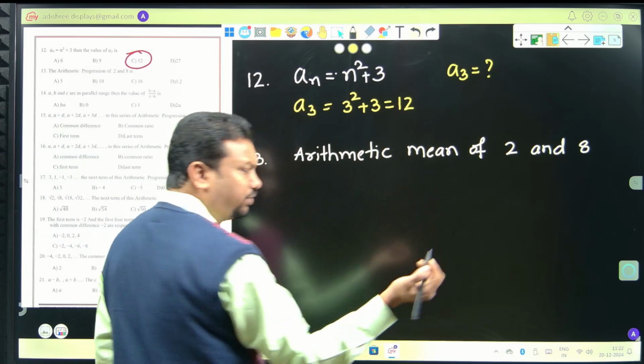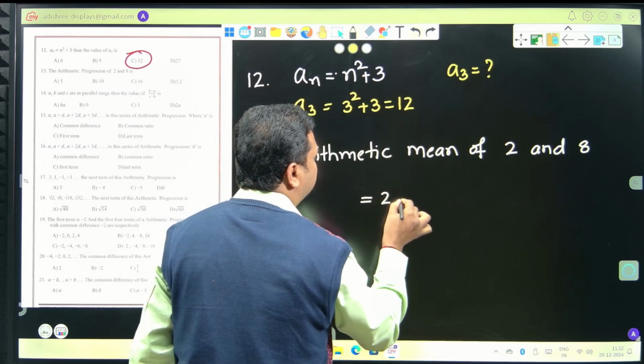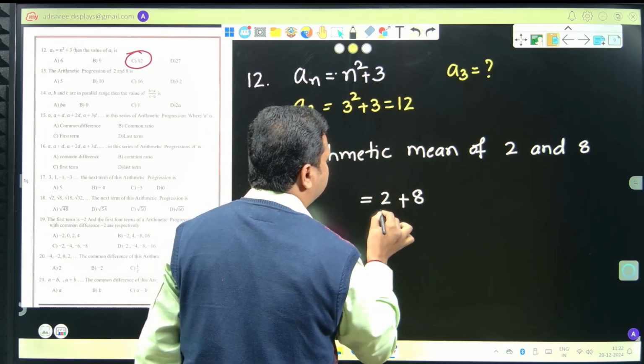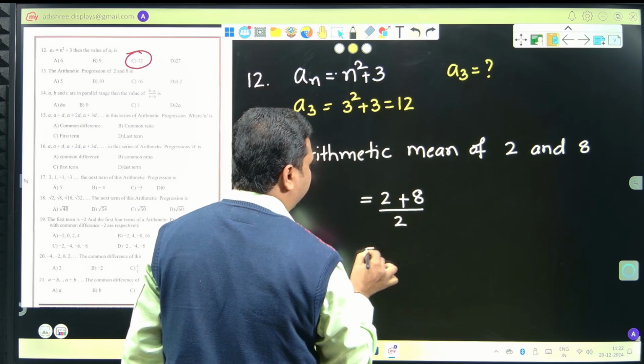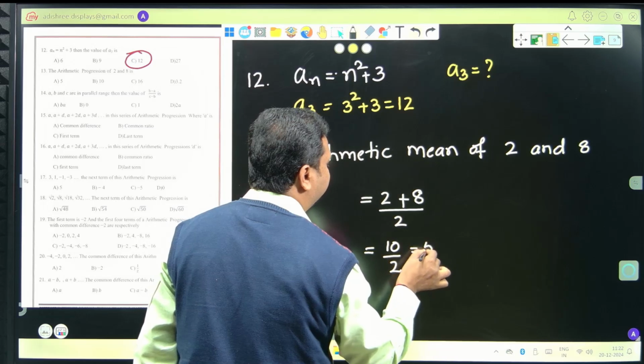I have already told you the shortcut for this. The arithmetic mean is always equal to the sum of the given two numbers divided by 2. So that will become 10 divided by 2, which is equal to 5.